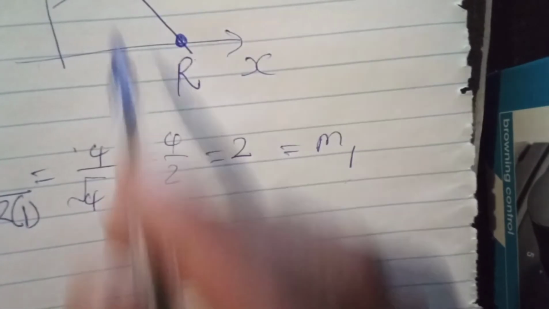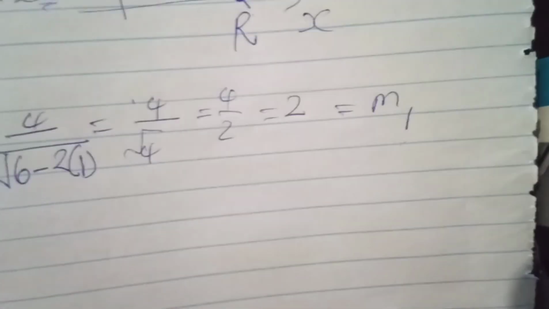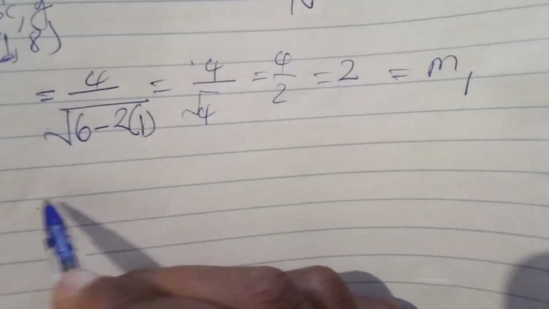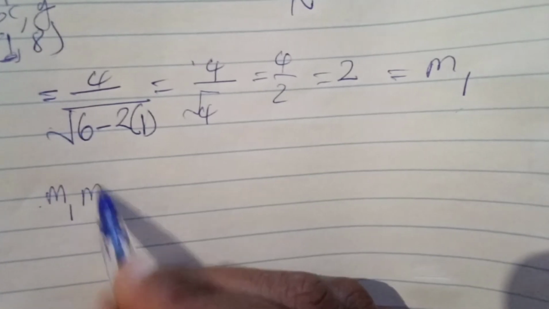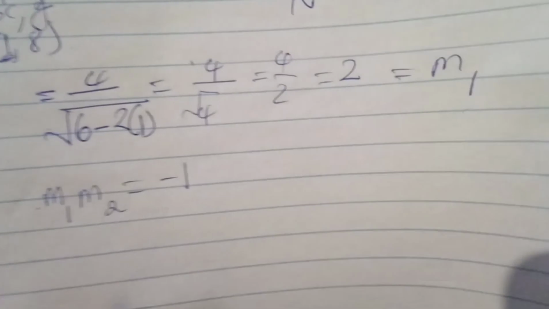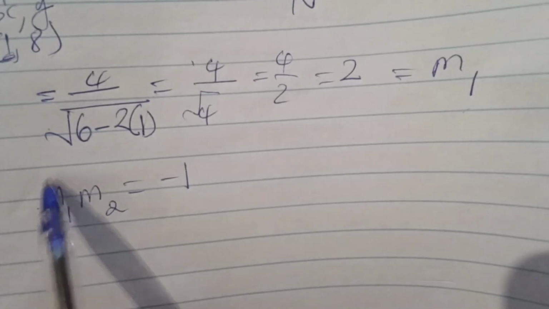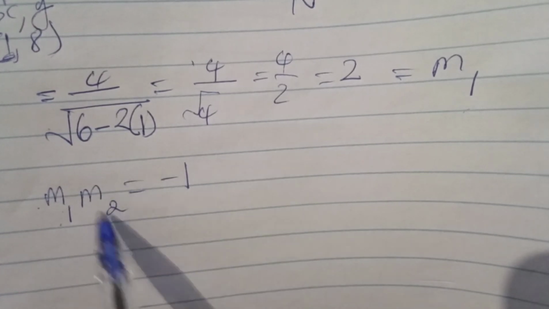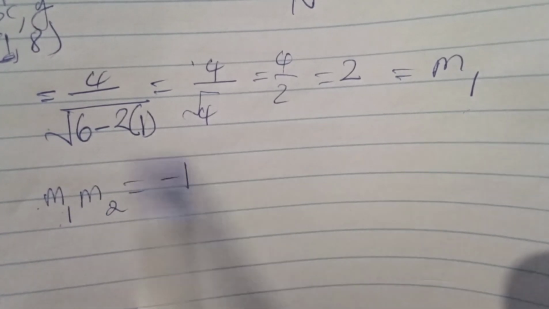Now, we know that you can always find a gradient that is perpendicular to that by this relation. I hope you remember this one. Where you use a gradient to find the one that is perpendicular, you use this relationship.